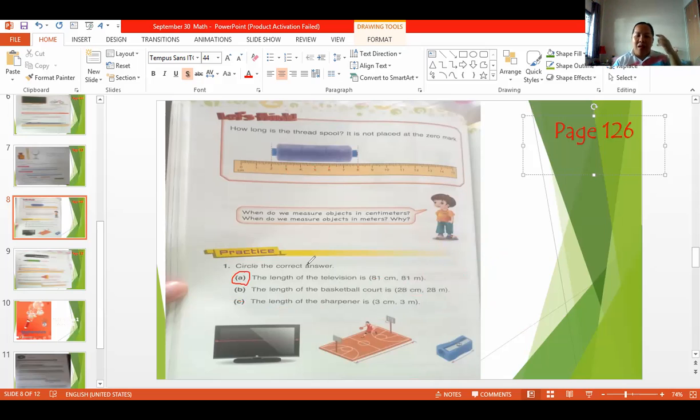Oh, it's already time. Because it's already time, we will answer this one tomorrow again. I need to teach you more, because some of you don't have a ruler. Can you please prepare a ruler by next week?